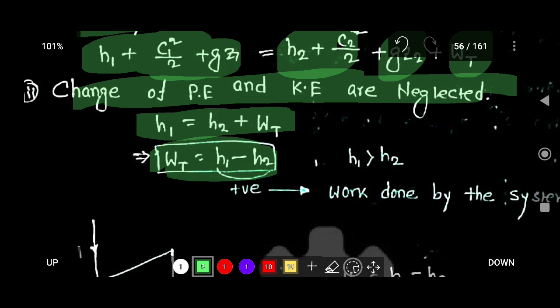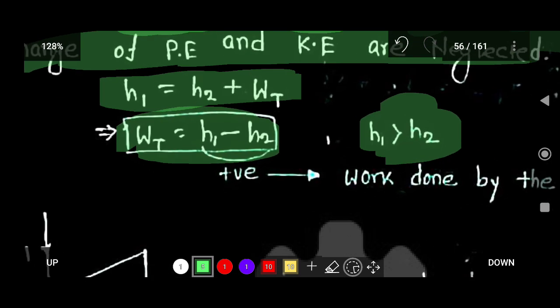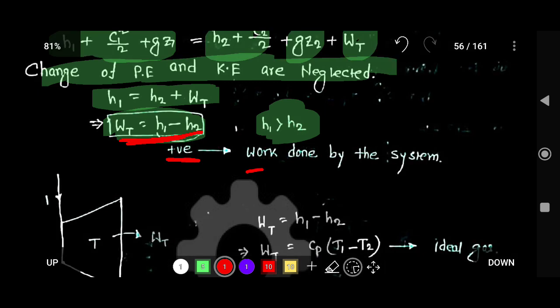And you see that in the case of a turbine, h1 is always greater than h2. h1 is the specific enthalpy at the inlet, and h2 is the specific enthalpy at the outlet. So the inlet enthalpy is always greater than the exit enthalpy. That is why the turbine work is positive work, work done by the system.